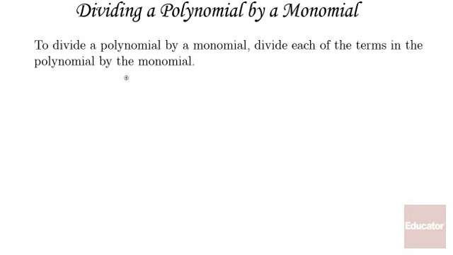Okay, so for example, if you were to divide 8 plus 10 plus 12 by 2, you could say, okay, 8 and 10 is 18 plus 12 is 30, divided by 2 is 15.